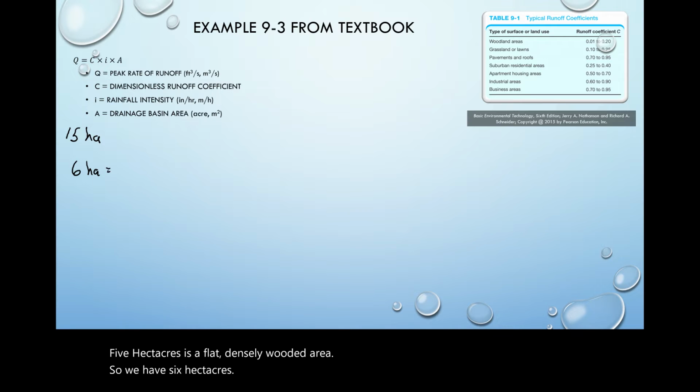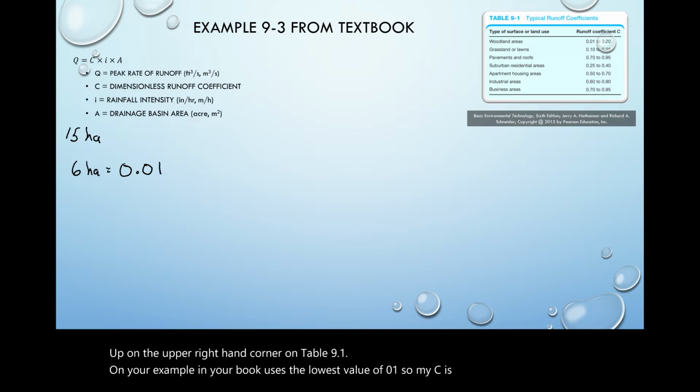All right. So if I look up on the upper right hand corner on table 9.1, your example in your book uses the lowest value, 0.01. So my C is 0.01.